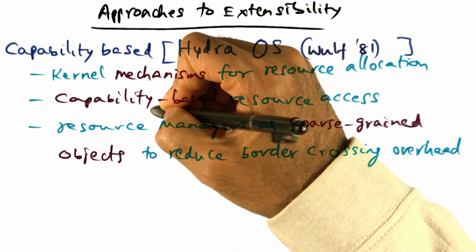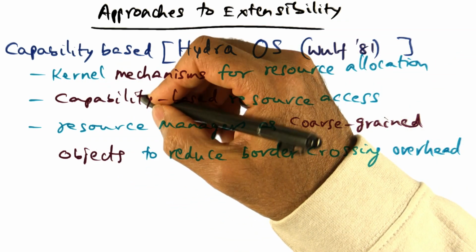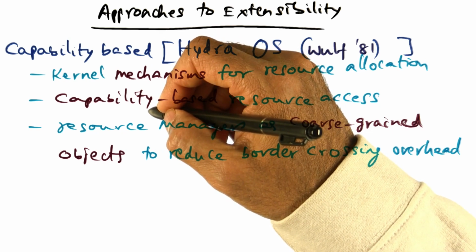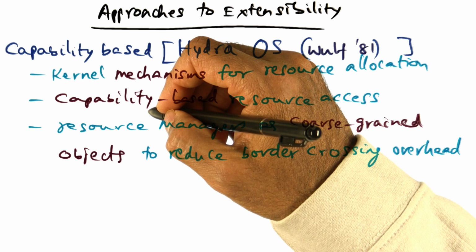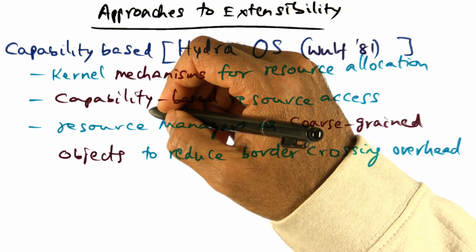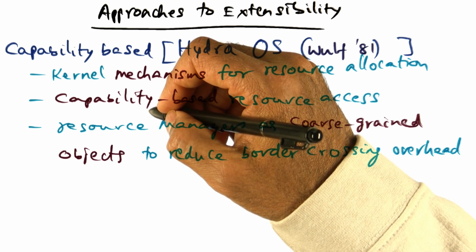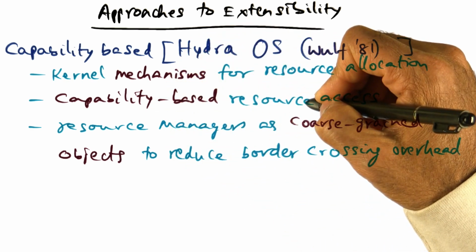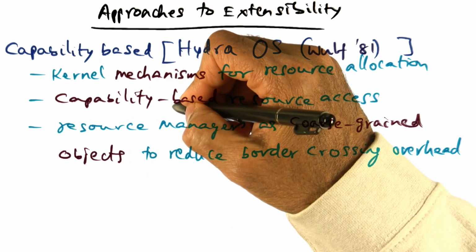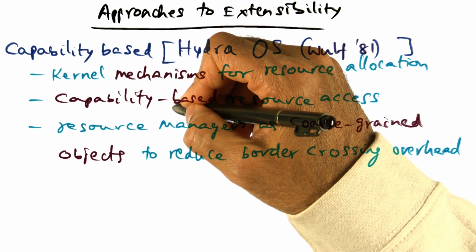The notion of capability has a special connotation in the operating system literature, and that is, it is an entity that can be passed from one to the other, cannot be forged, and can be verified. All of the things that you want in order to make sure that the system integrity is not compromised is enshrined in this abstract notion of capability.